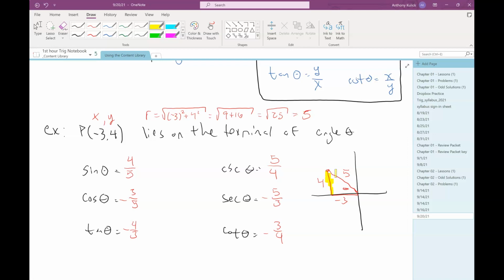But if you do that, and if you don't remember, oh, it's y over r and x over r or whatever, you can go back to SOHCAHTOA after you've drawn your picture, right?